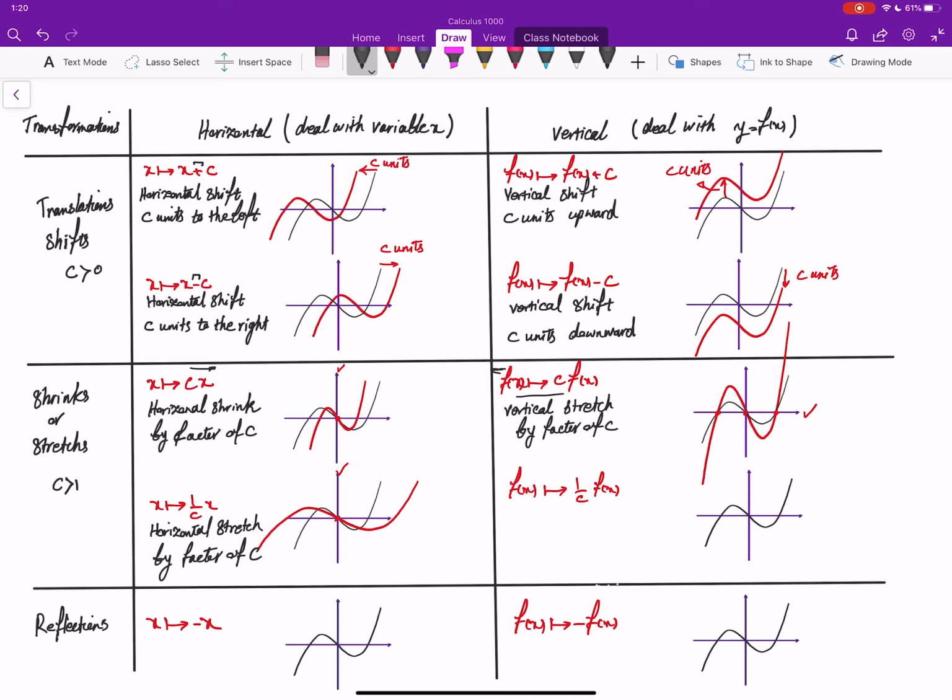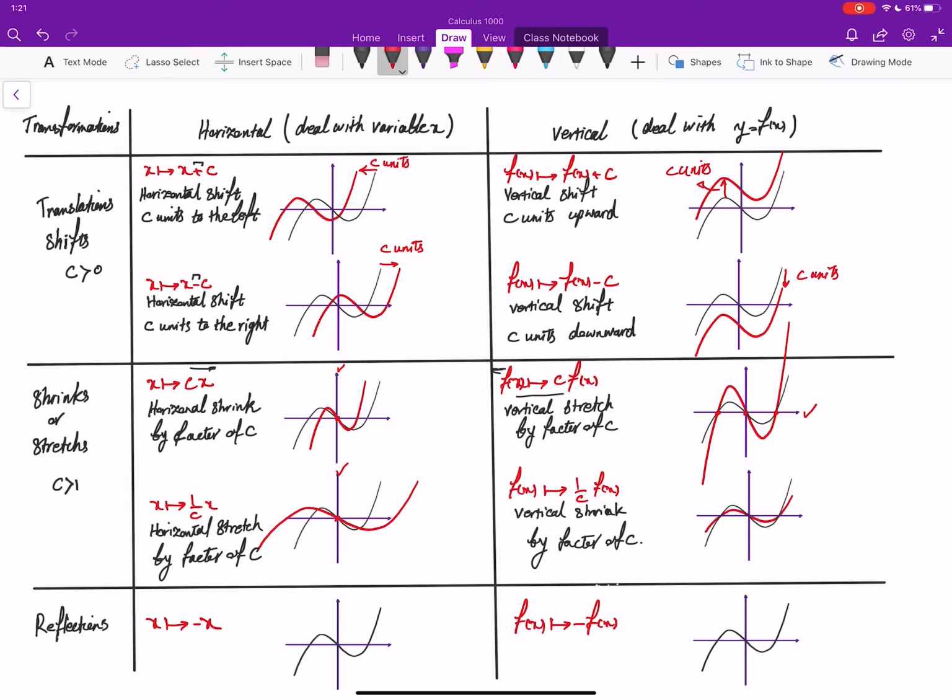For the other one, this is a vertical shrink by a factor of c. So this is what will happen. So we shrink. Again, I have to do it from both sides because the shrinking tool in my app does it on one side only.